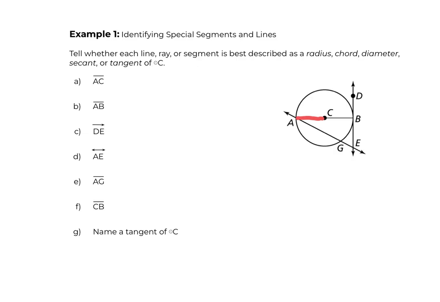It's not going to continue on. And that's why it's important to understand that. If I had arrows, then it would keep on going. But this one is not. So this one is a segment, and that segment is called the radius. Two distinct endpoints.